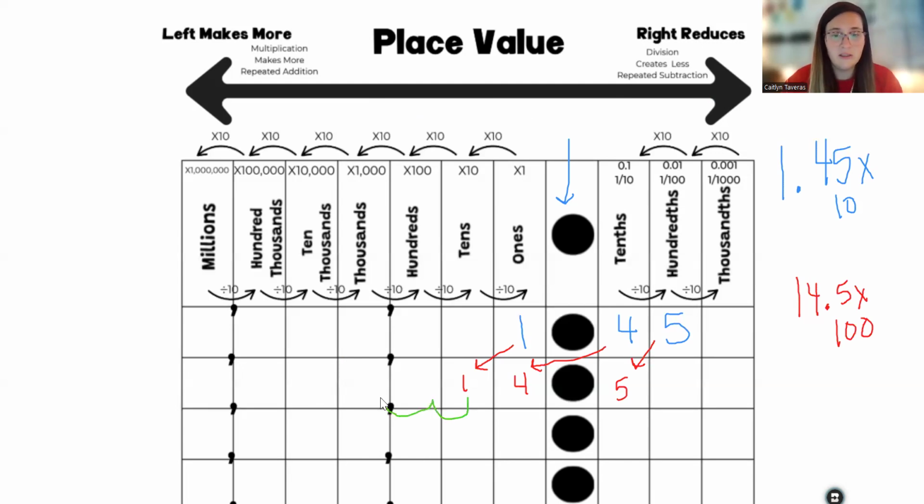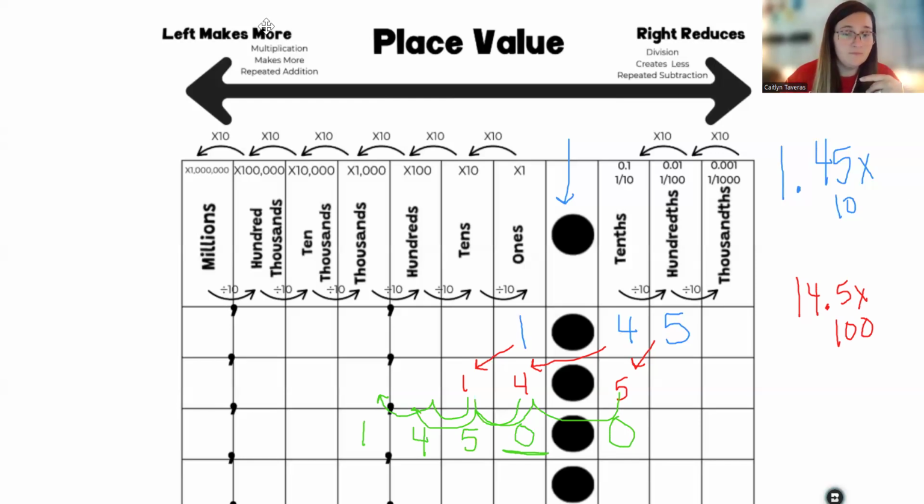So 1, 2, our 1 would end here. 1, 2, our 4 would end here. Oh, I'm sorry, not that one. 1, 2, our 5 would end here. Now this place that's left open in front of the decimal needs a 0. We're teaching the students to keep that decimal point just to remember that place value. So behind it can go another 0. Now, that's for multiplying when we're moving to the left with our digits.